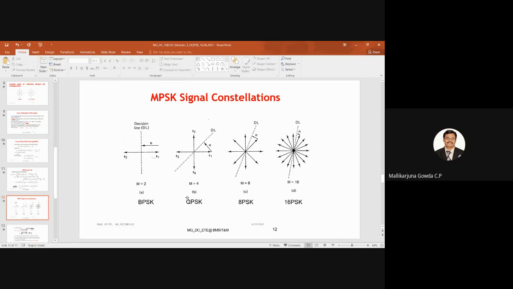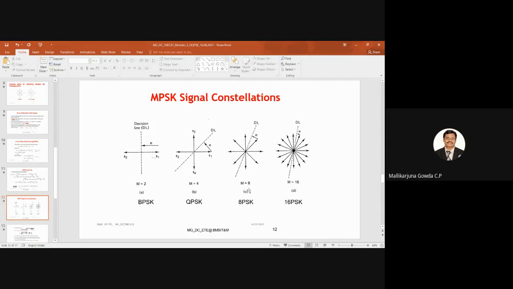The next one is QPSK, where the value of capital M is equal to 4, because it is 2 power 2, so the integer n is 2. So there are 4 message points.